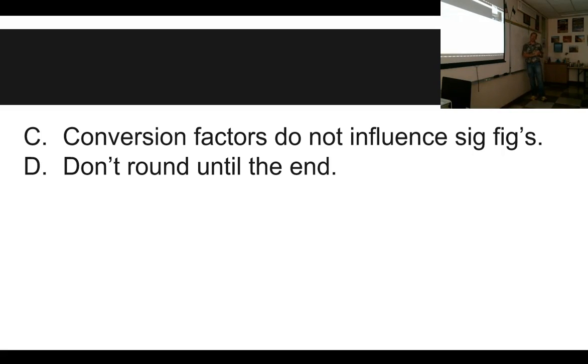That conversion factor does not come into play for sig figs. So I wouldn't care how many significant digits my conversion factor has. I would only care about the significant digits of my measurement. Okay, so measurements are the only thing that you put into the mix.